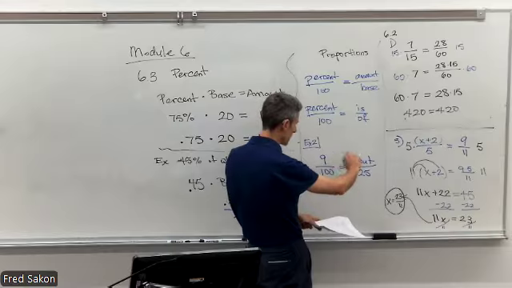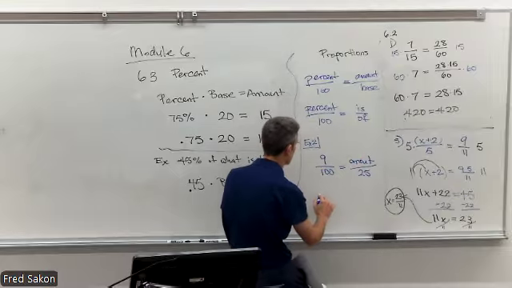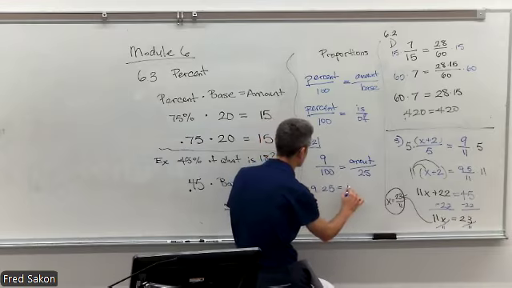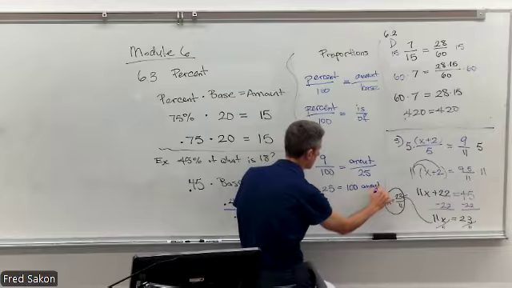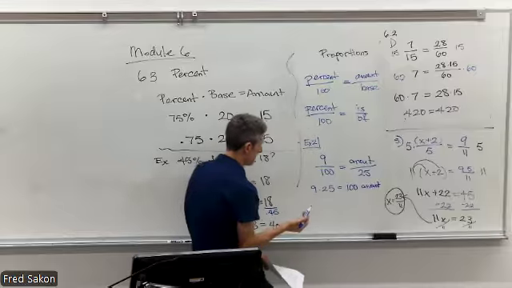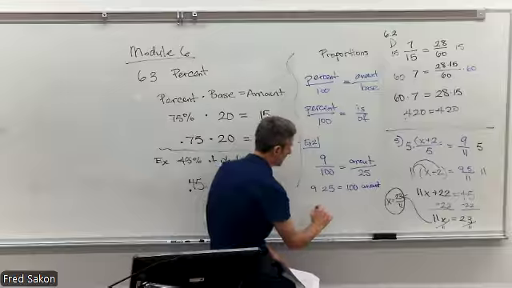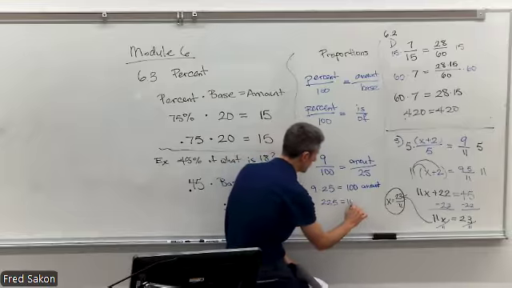either by cross multiplication here or the formal method, I'm just going to write this times this is 9 times 25 equal 100 times our amount. And then 9 times 25 is 225 equal 100.